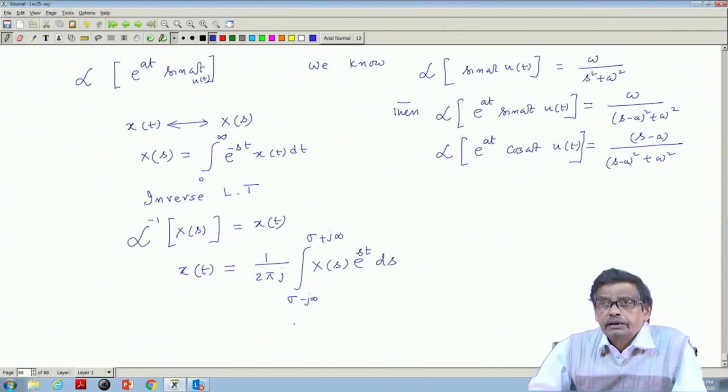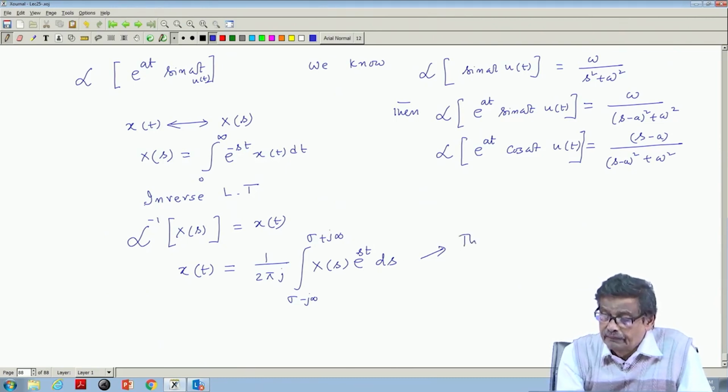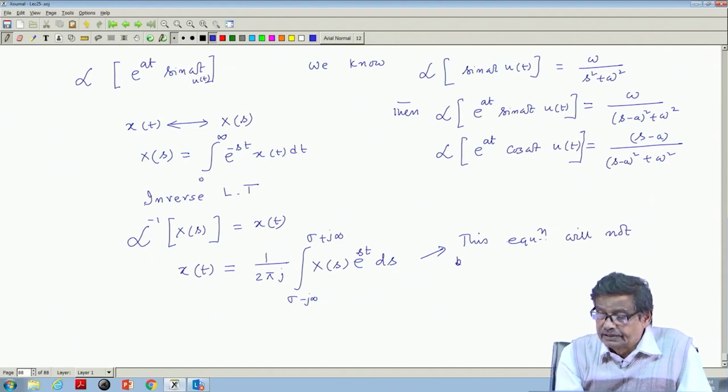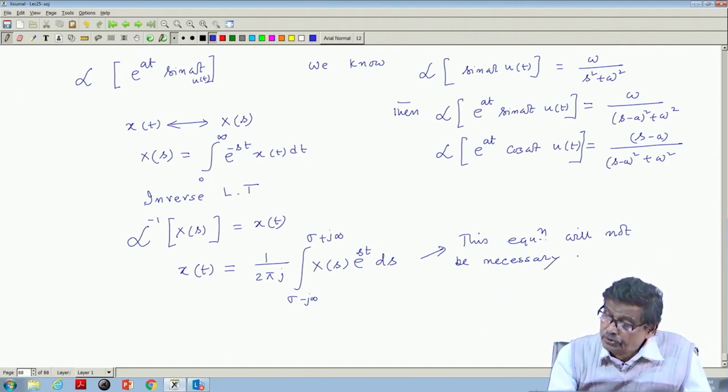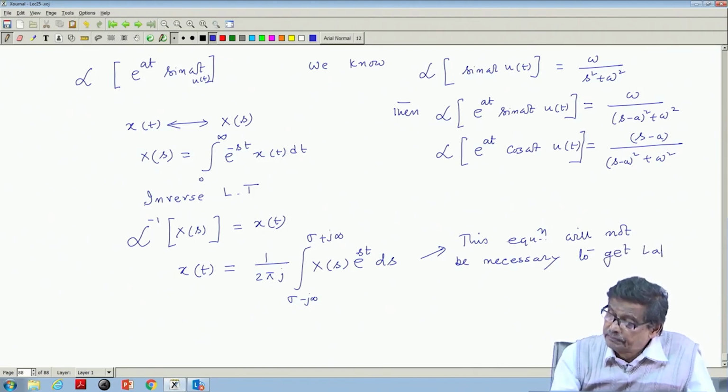But the easiest way to do it, we will not use this equation to get the Laplace inverse.